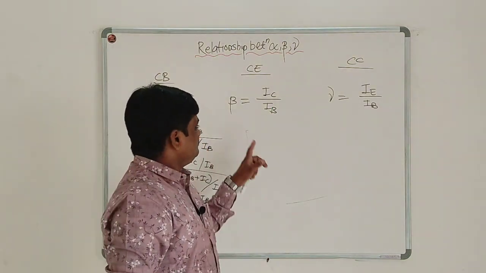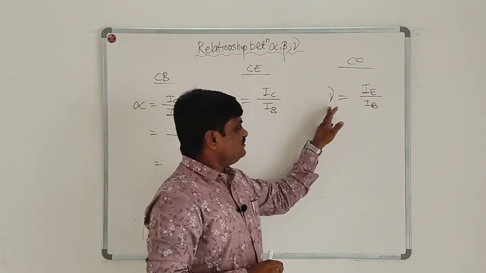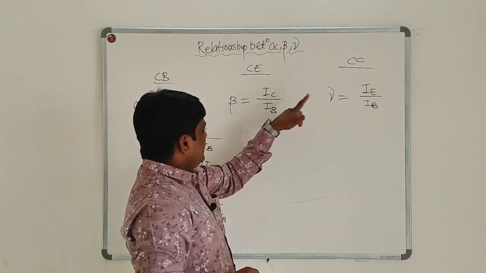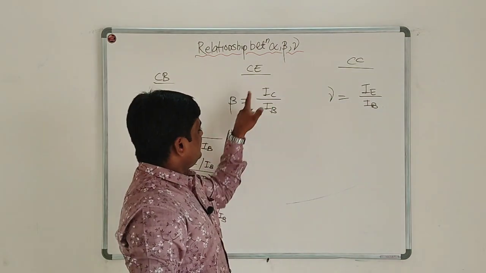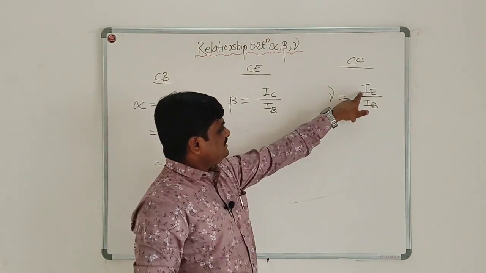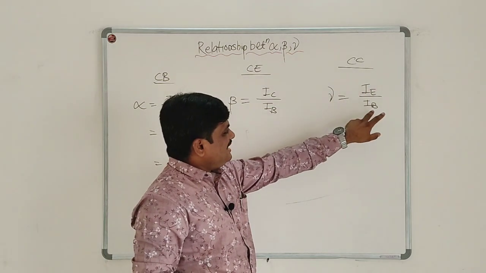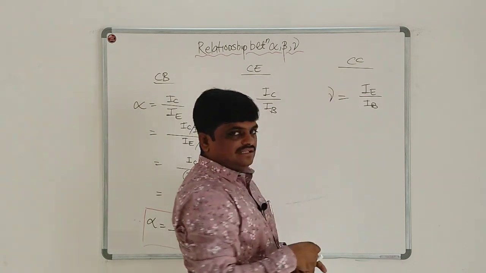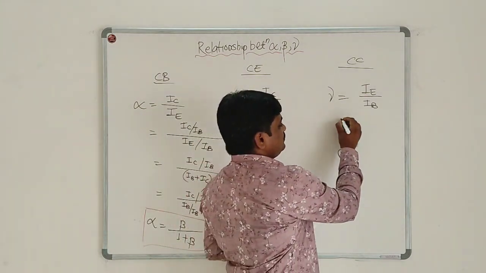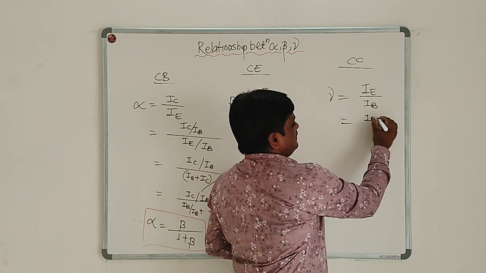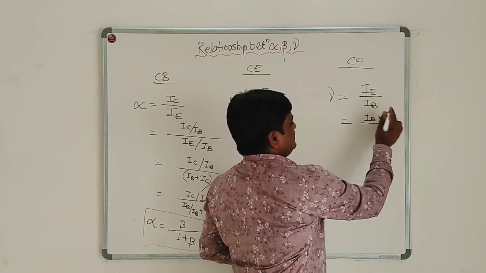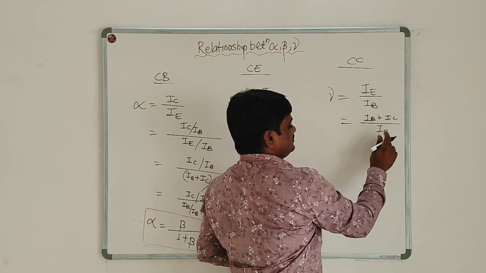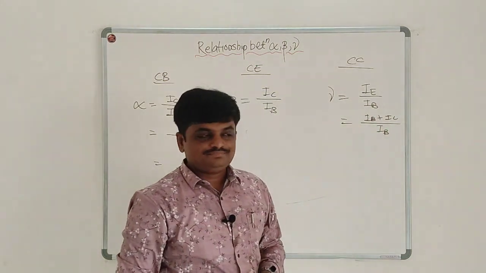Now let us derive the relation between beta and gamma. I'll derive gamma in terms of beta. Here gamma is IE by IB and beta is IC by IB, so I want the term IC by IB in this equation. I know that the total emitter current is always equal to the base current plus collector current, hence gamma is equal to IB plus IC divided by IB.